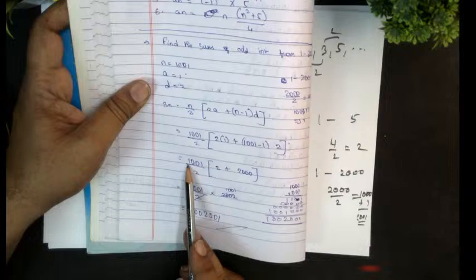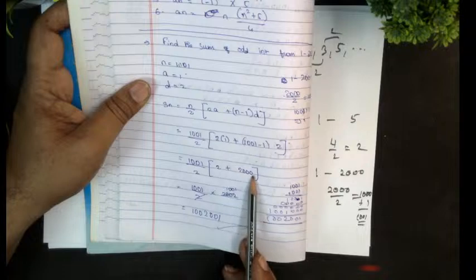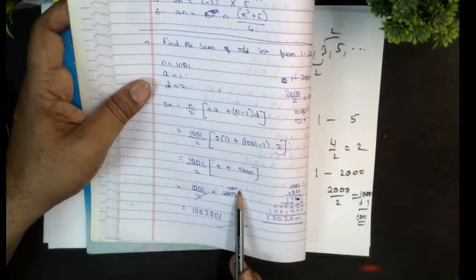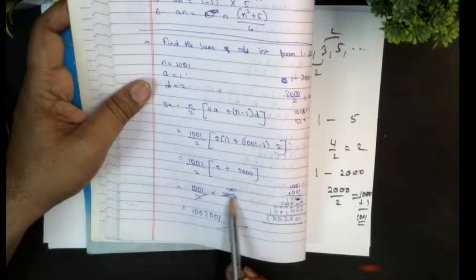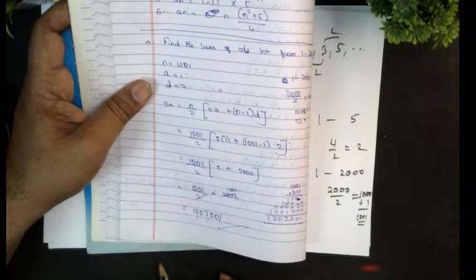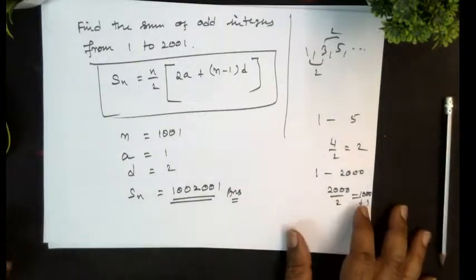Then 1001 divided by 2 into 2 plus 2000, that is 1001 by 2 into 2002, and cancelling them out we are getting 1001 into 1001. That is 10 lakhs 2001. Right? Good.